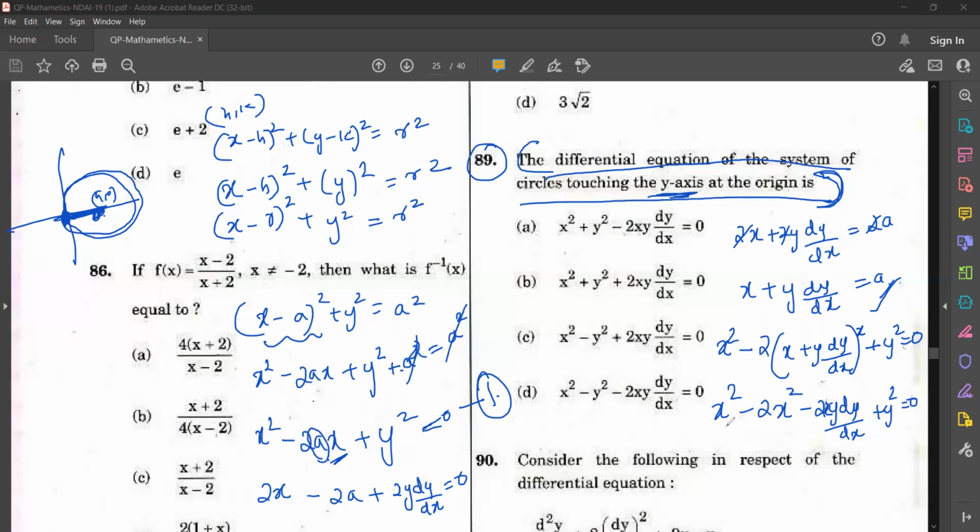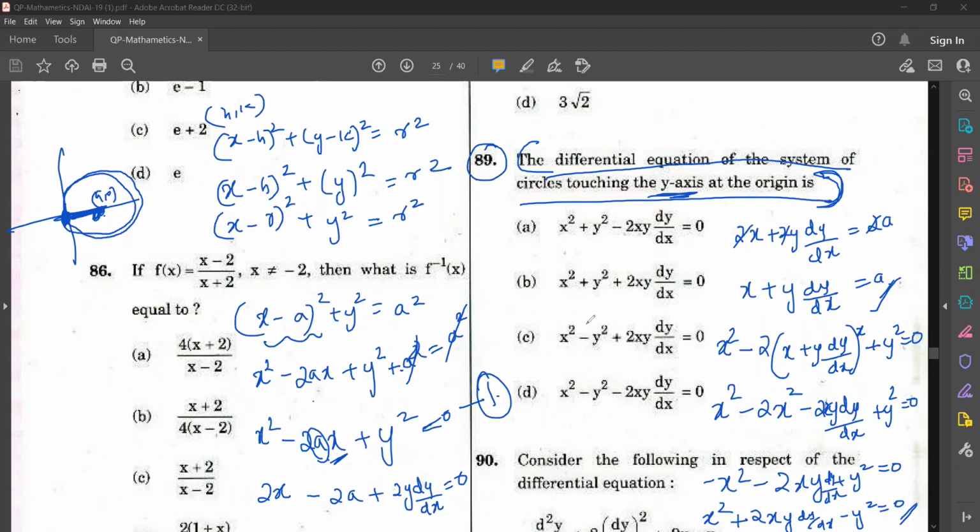So this will become x square minus 2x square, which is minus x square. So minus x square minus 2xy dy by dx plus y square equal to 0. Or if I rewrite, this will become x square plus 2xy dy by dx minus y square equal to 0.